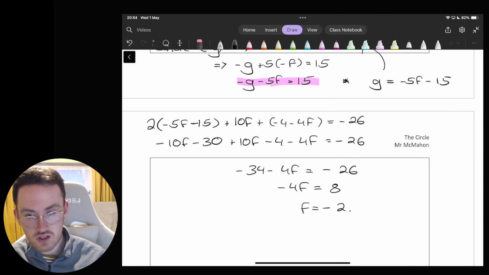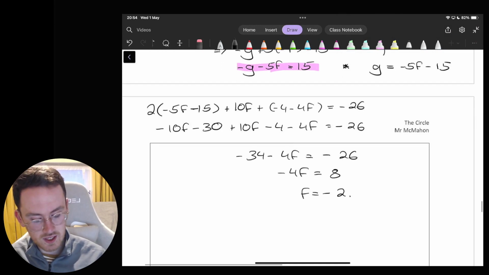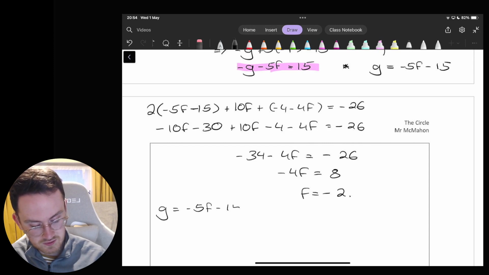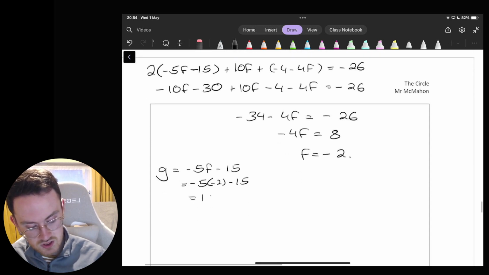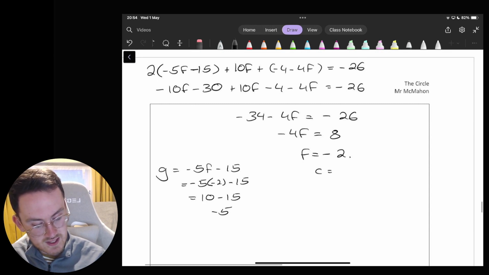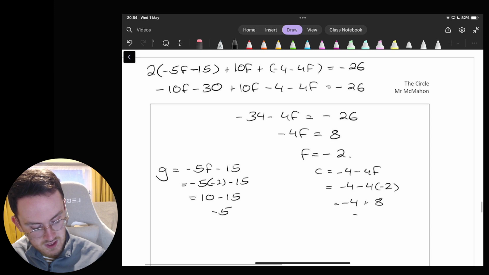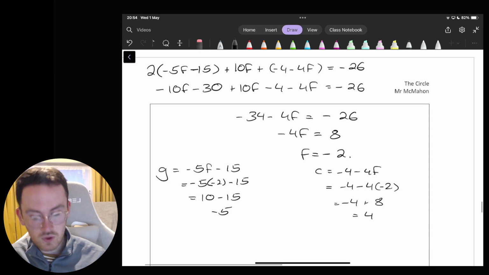Which means f is equal to minus 2. Using that now with those 2 equations, g is minus 5f minus 15, so that's minus 5 times minus 2 minus 15, which is 10 minus 15, or minus 5. And c equals minus 4 minus 4f, minus 4 minus 4 times minus 2, which is minus 4 plus 8, which is 4 overall.